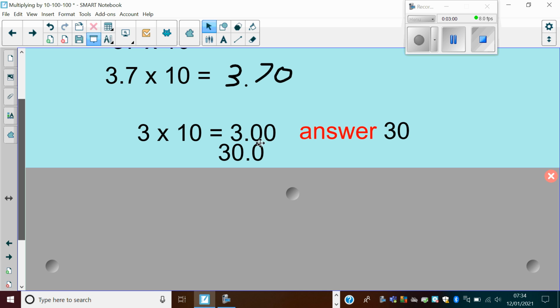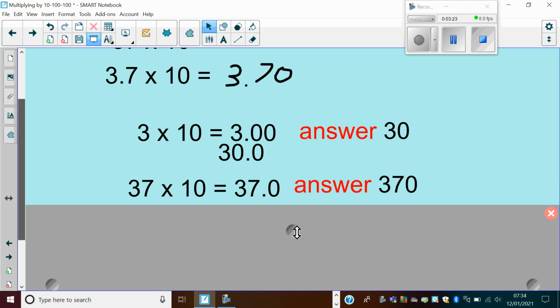So I've put that in just to make it clear that if we use it as a decimal, 3 is the same as 3.00. Now then, put the decimal point in, I've gone times 10 and I've moved it one column to the left to make it 30. This is a long-winded way of what you already did in your head, I'm sure, saying 3 times 10. But as it gets more complicated, it's worth understanding this method.